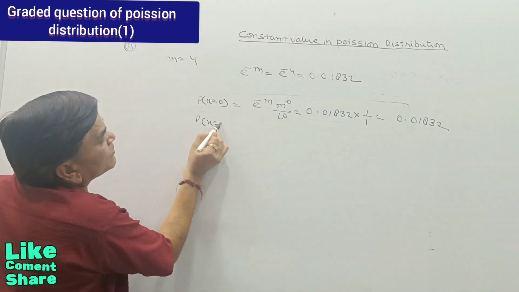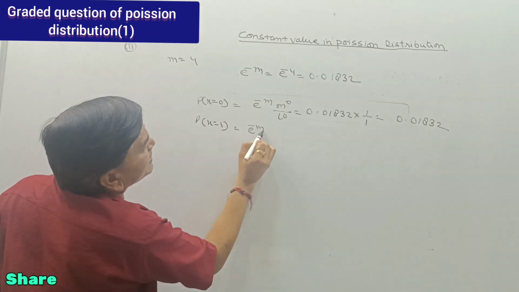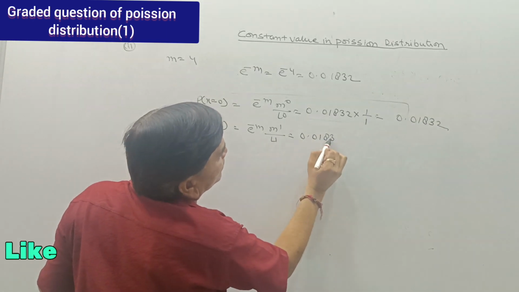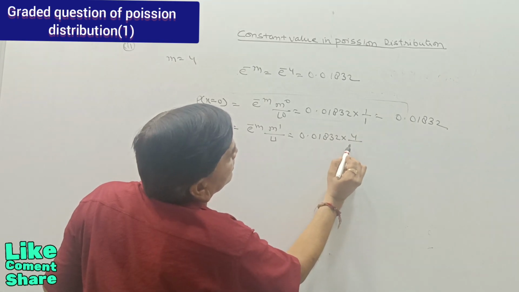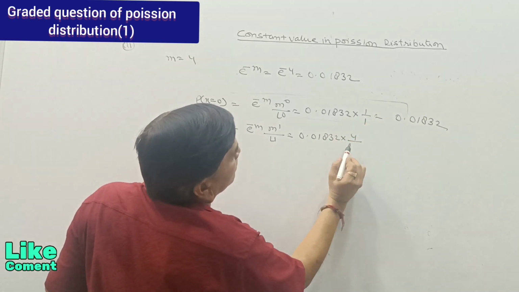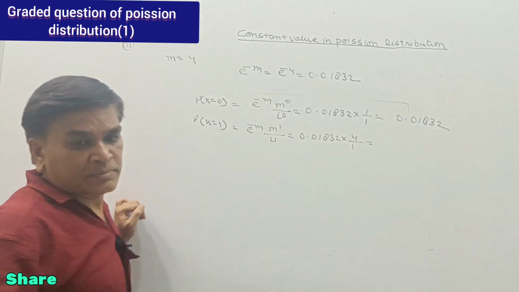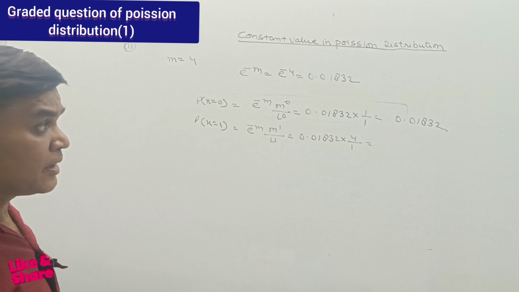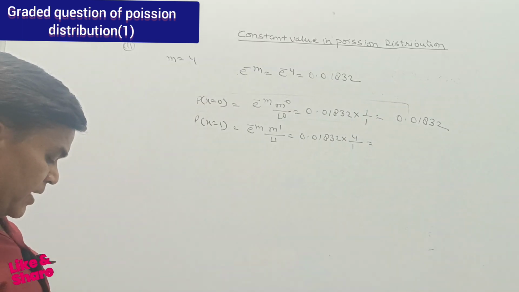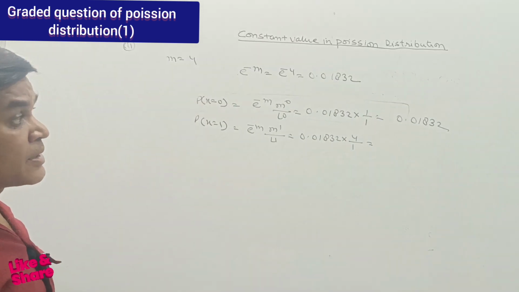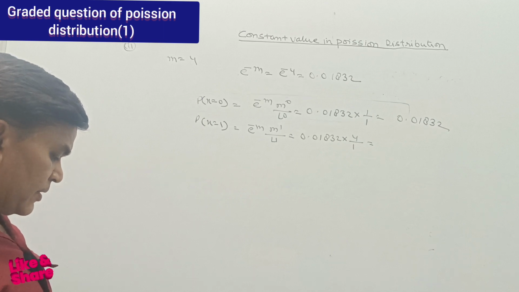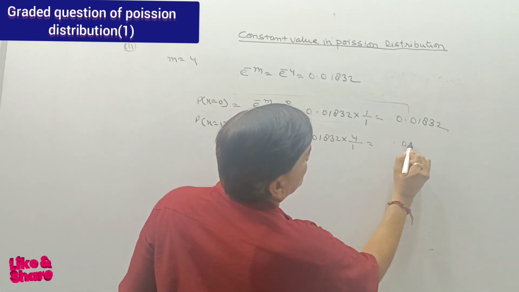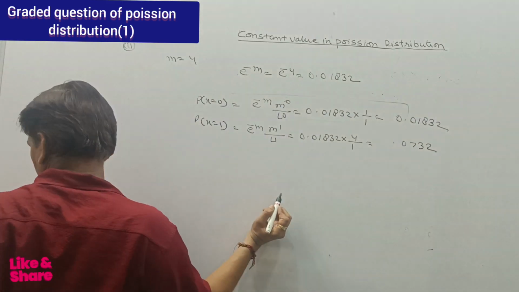P(x=1) is e raised to power minus m, m raised to power 1 upon factorial 1, so 0.01832 multiplied by 4 upon 1, which is 0.0732.